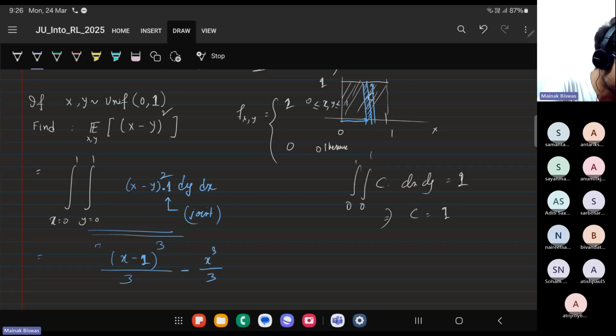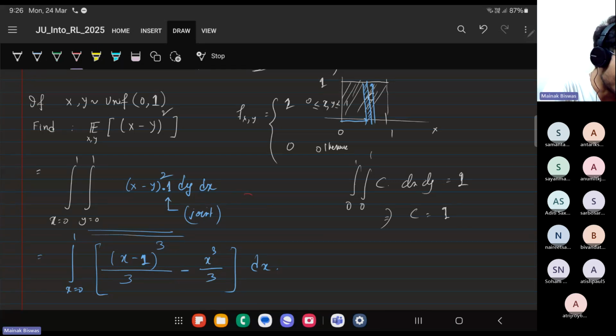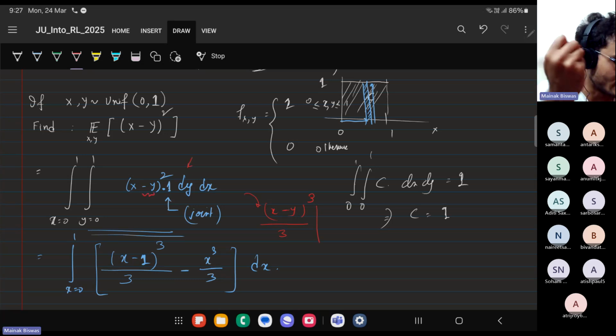Is this fine? I just integrated this out. X minus y. I think I made a little bit of a mistake. I'm integrating with respect to y, but it is minus y here, so it should be the negative of this.